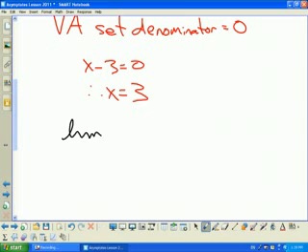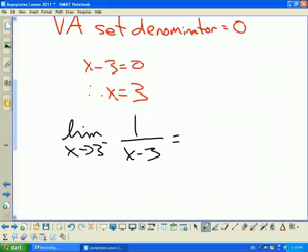The limit as x approaches 3 from the negative side of 1 over x minus 3 equals, listen, we've done this before. I don't want you to guess. I prefer you show your work and your understanding. When x is a little bit less than 3, 2.9999999, the denominator is going to be a negative number, and it's going to be very small.